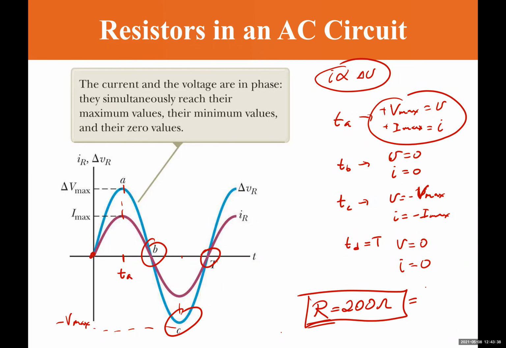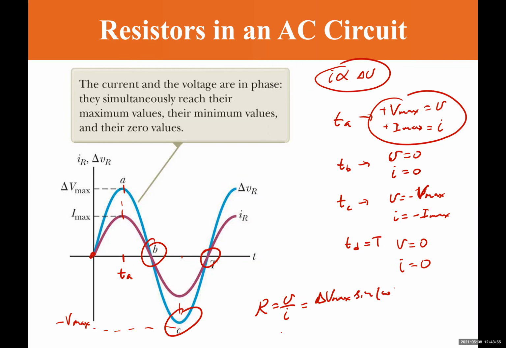For example, R here is V over I, which is delta V max sine of omega t over I max sine of omega t. You can see this sine of omega t for the voltage and sine of omega t for the current, we can cancel them because they're the same.